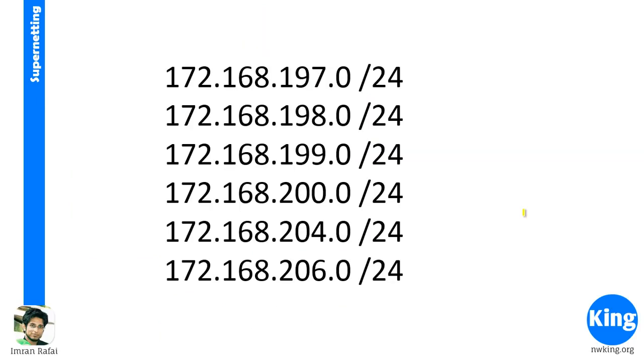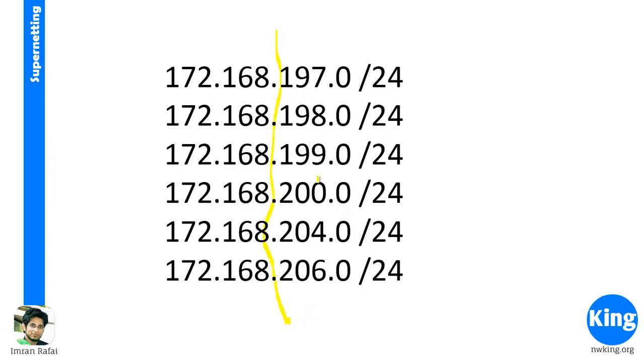Right, let's say there were 6 networks like this: 172.168.192.0, 172.168.196.0, 172.168.198.0, 172.168.199.0, 172.168.200.0, 172.168.204.0, 172.168.206.0/24, all of them. How do we summarize these IP addresses into one IP address? Firstly, we need to check where the change happens. The first 2 octets don't change at all, so we are not bothered about them.